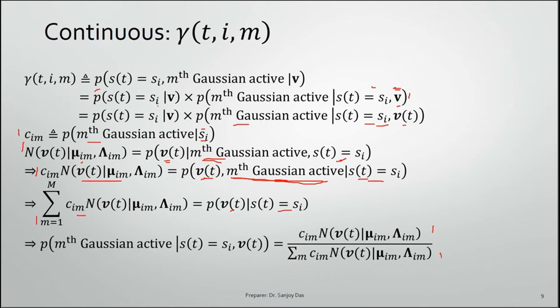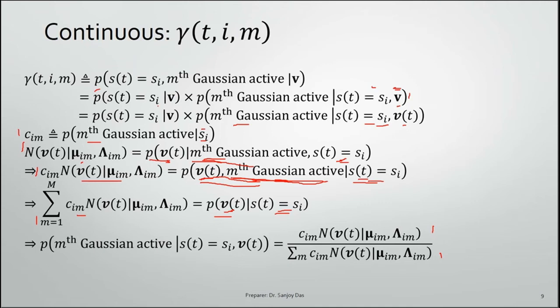So in the numerator we have the probability of V of t given the mth Gaussian is active and St equals Si, and the denominator is simply P of Vt. The numerator once again is the joint probability once we take into account St equals Si, which is the condition in both cases. The numerator is the joint probability of Vt and the mth Gaussian being active, and the denominator is simply Vt.